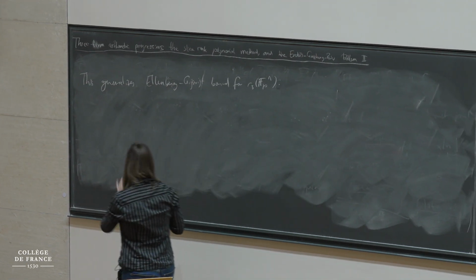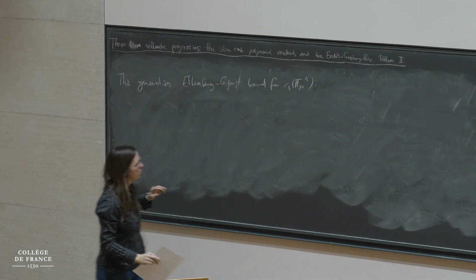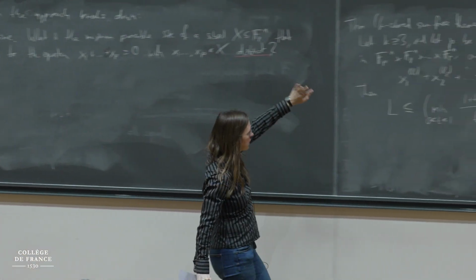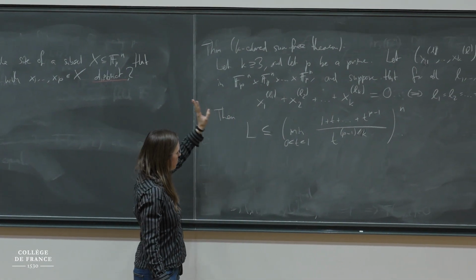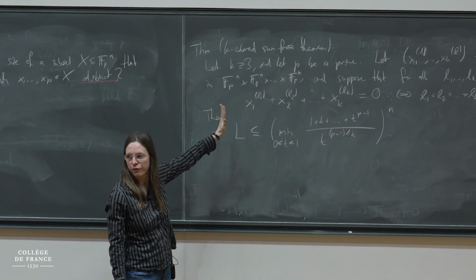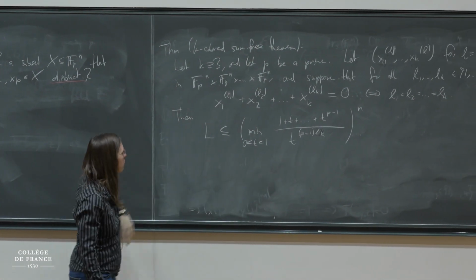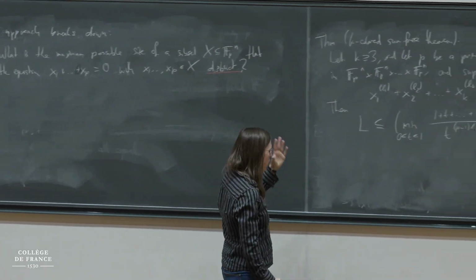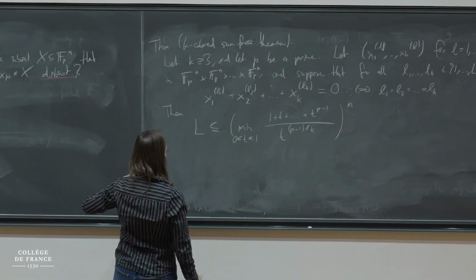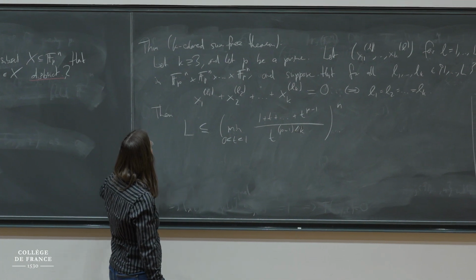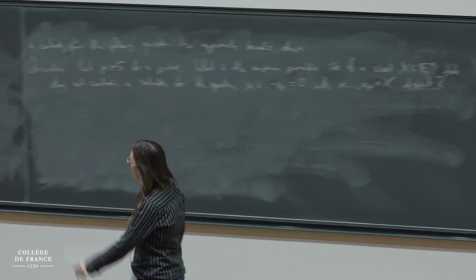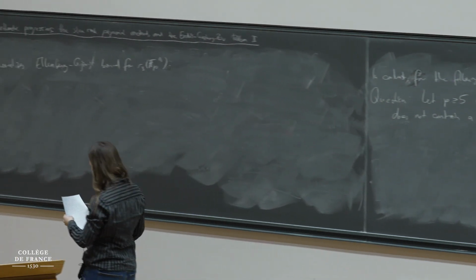To see this, let me show you that if you already know this theorem, and by the way, the theorem follows basically from the same proof as what we saw earlier today for the Ellenberg and Gijswijt bound, then you get this bound for R3 of F_p to the n for free.